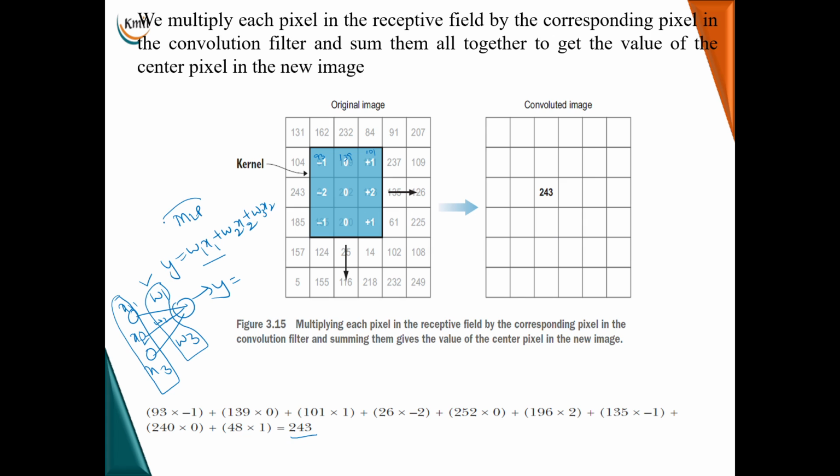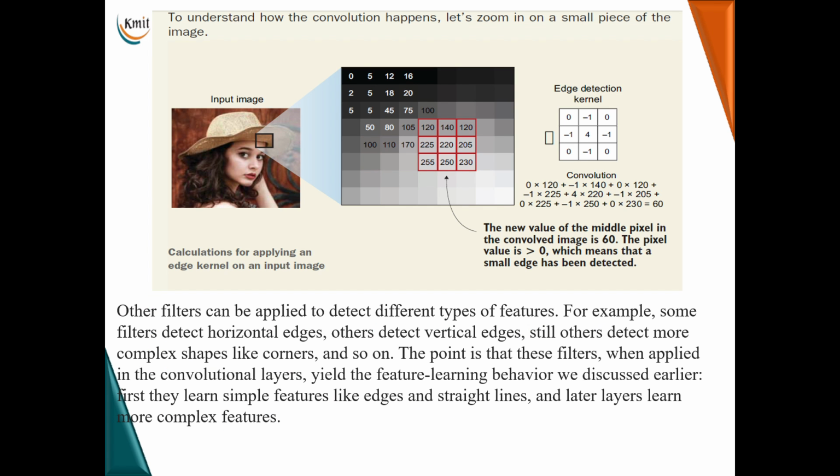So the same mathematics is involved behind MLP and CNN. That is, weights are nothing but the pixel values of the filter or kernel, and x1, x2 inputs are nothing but the pixel values of the image. The only difference between MLP and CNN is that in CNN, these values are arranged in the form of a matrix.